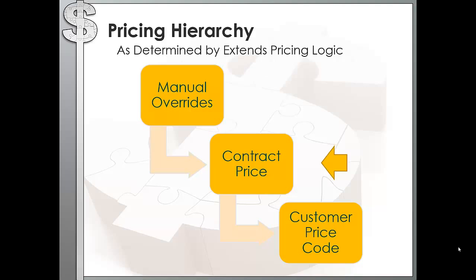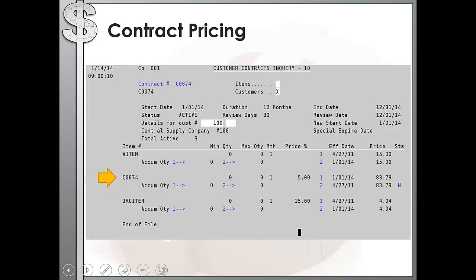So going back to our order entry example, if a contract price was available for a customer, in the case of this inquiry screenshot that I have here, you'll see that item number C0074 is on a contract for our customer, and that it is effective as of this date.